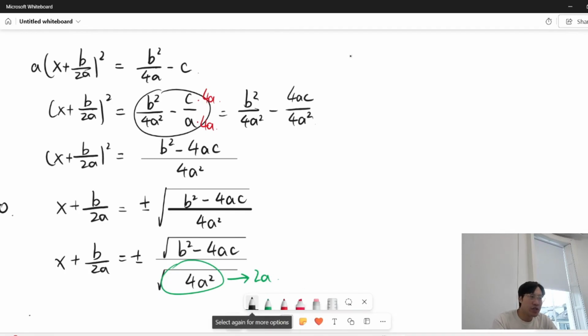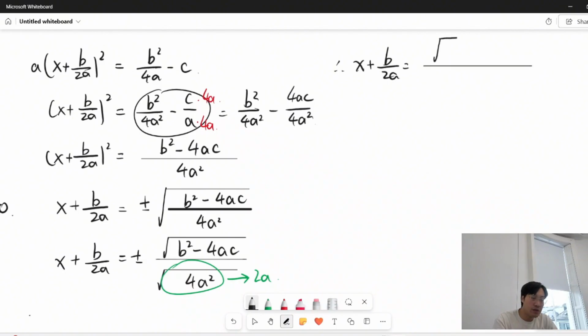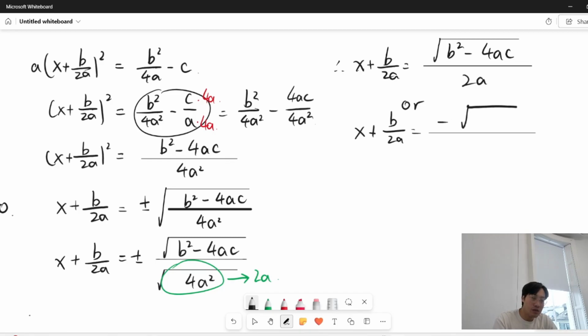So the equation can eventually be x plus b over 2a is now either positive square root of b squared minus 4ac over 2a or negative square root of b squared minus 4ac over 2a.